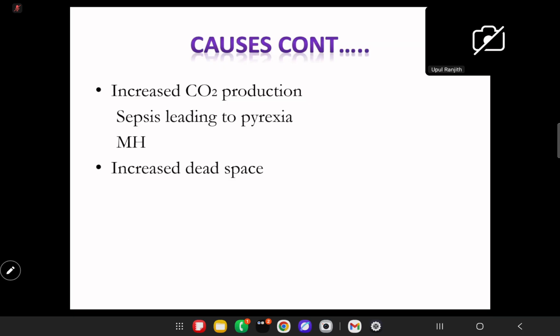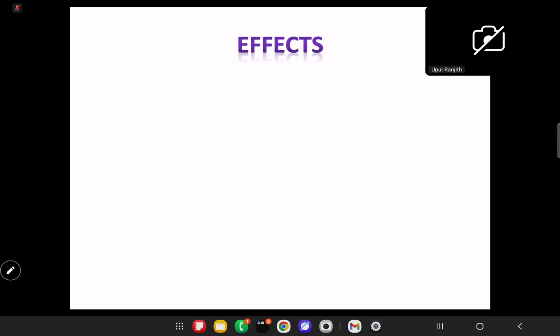Then increased carbon dioxide production. So you will hyperventilate when you have hypercarbia. Sepsis leading to pyrexia will cause hypercarbia, and malignant hyperthermia also produces a lot of carbon dioxide as a lot of oxygen is utilized, and so the patient becomes hypercarbic. Then increased dead space, right?